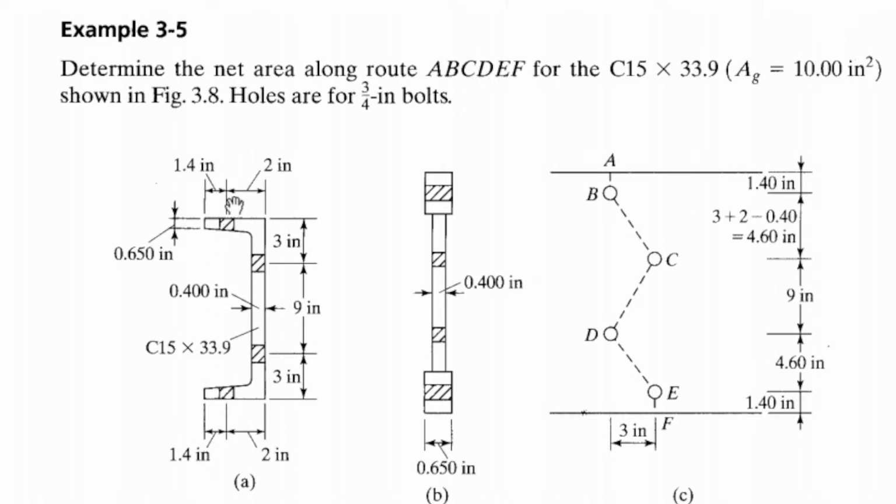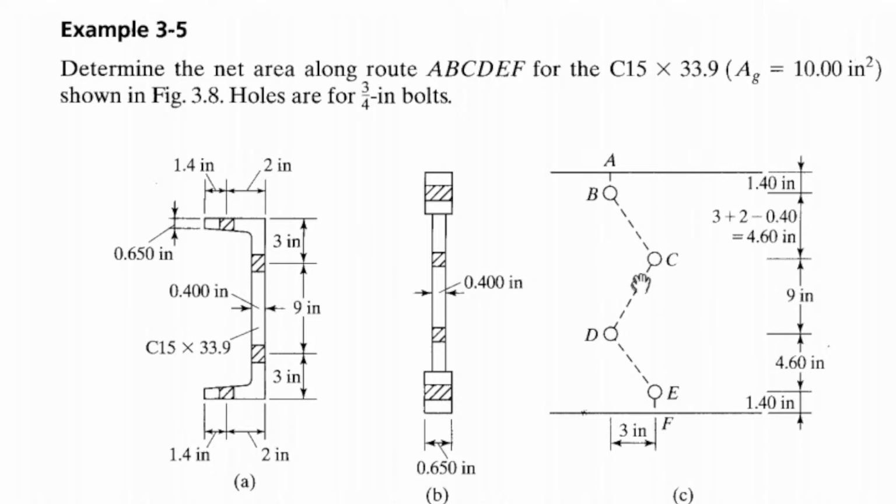And those holes are not in line. This is the top hole. This is the bottom hole of the flange. They are not aligned. Holes C and D are the holes for the web. Holes B and E are the holes for the flange, and they are not aligned.